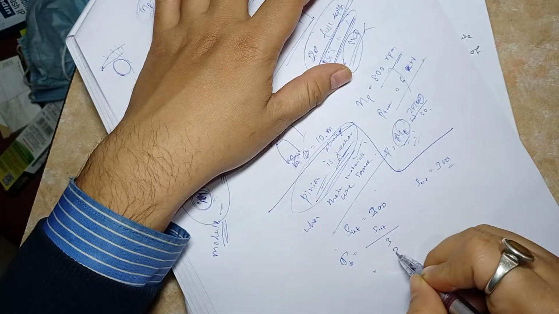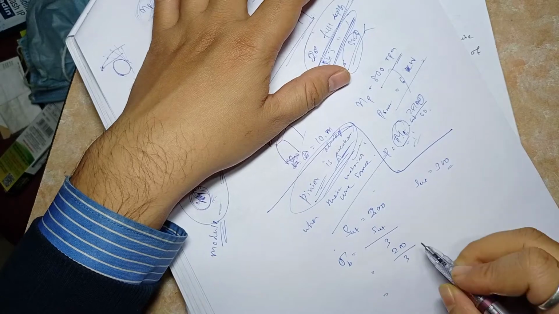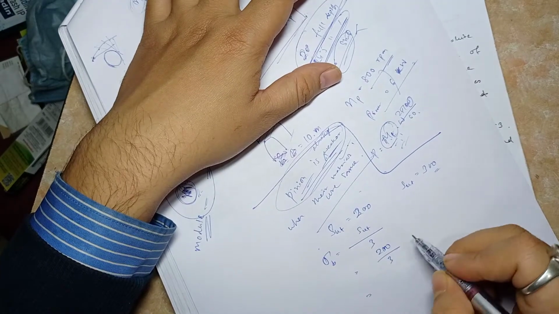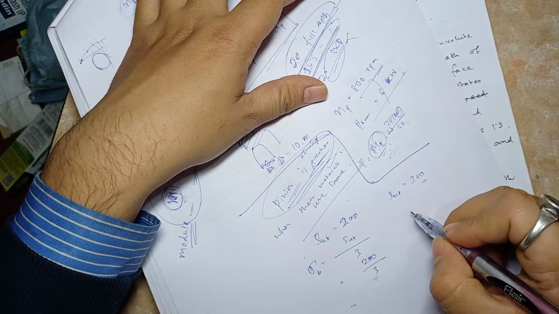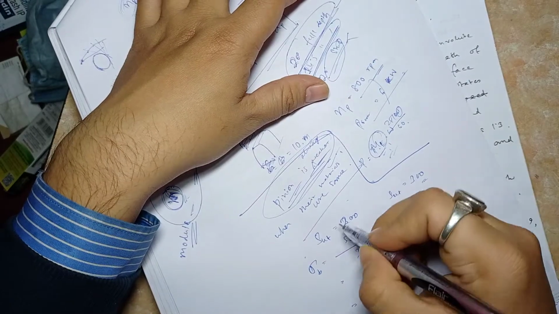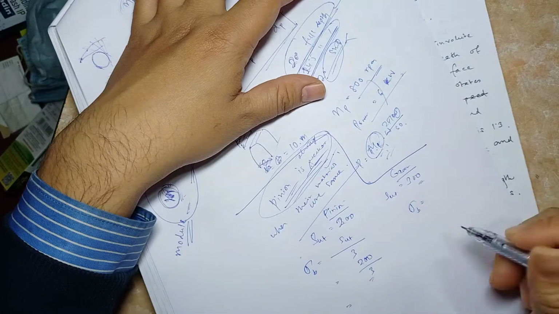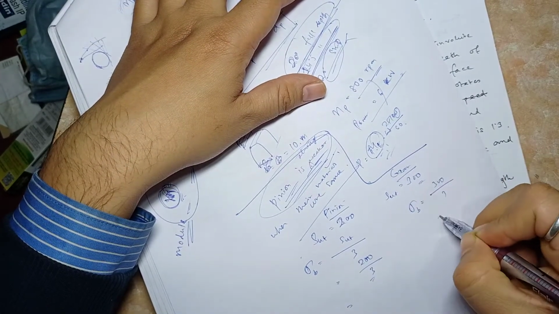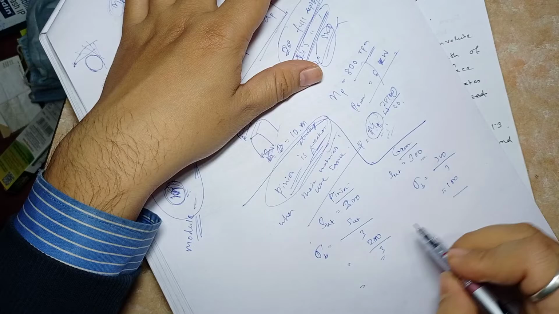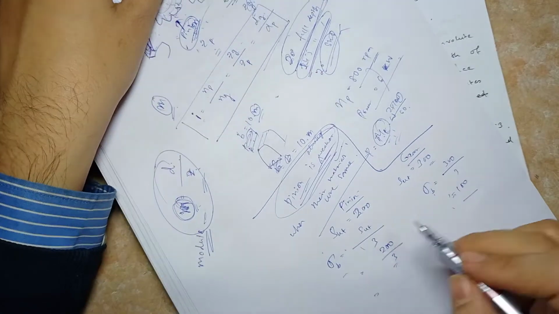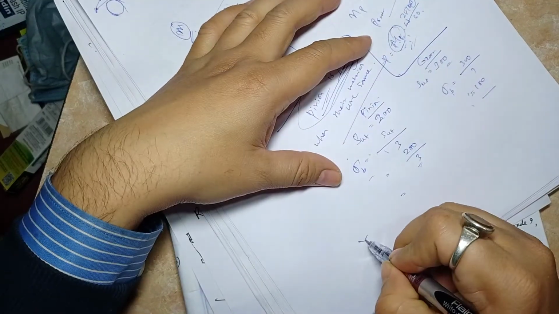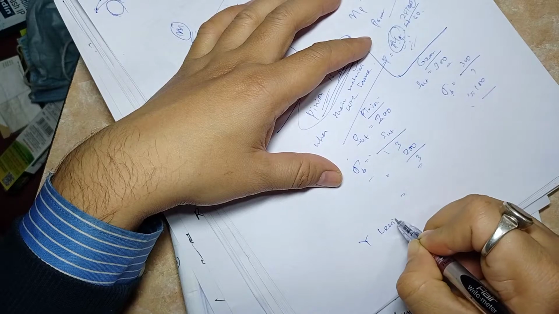So this is 200 by 3 for the pinion, and sigma b for the gear is 300 by 3. Find the bending stresses for both the pinion and gear. Then you have to find something called the Lewis form factor.